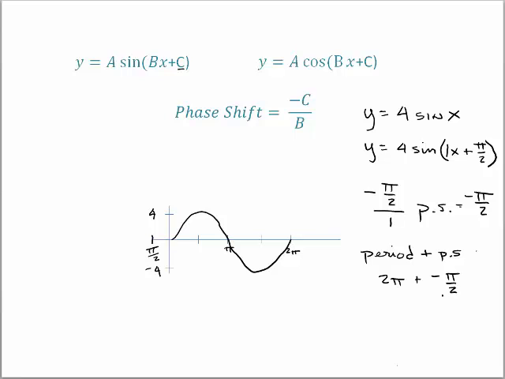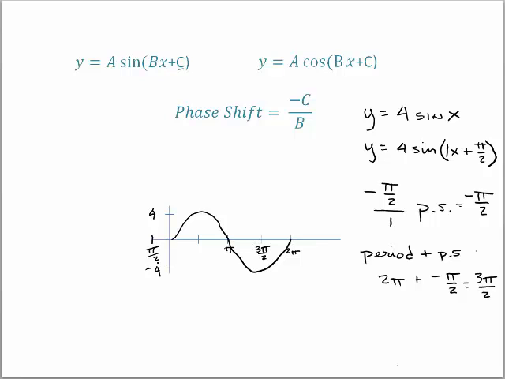Now remember, when adding fractions we have to have a least common denominator, so that'll end up 4 pi minus pi equals 3 pi over 2. And we know that point is right here. So our new curve is going to start at pi over 2 and end at 3 pi over 2.